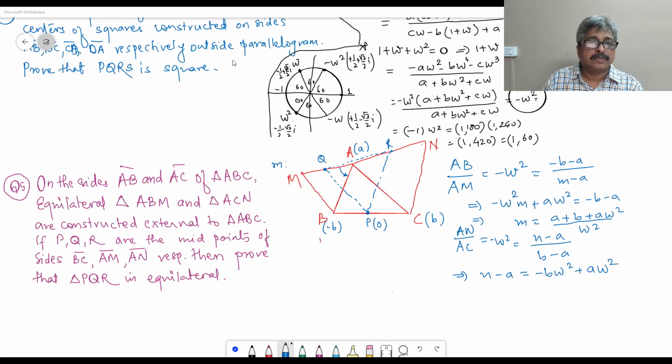Now, simplifying, we get N is equal to A plus A omega square minus B omega square.